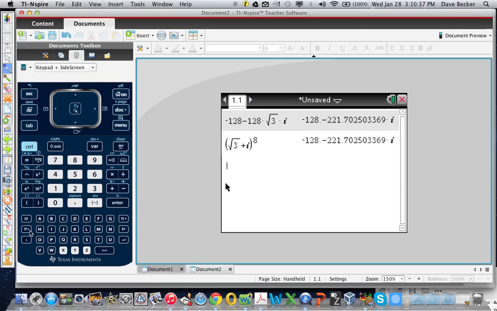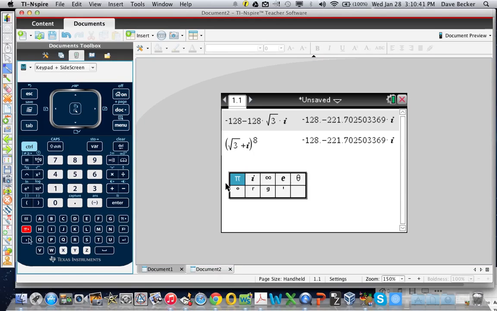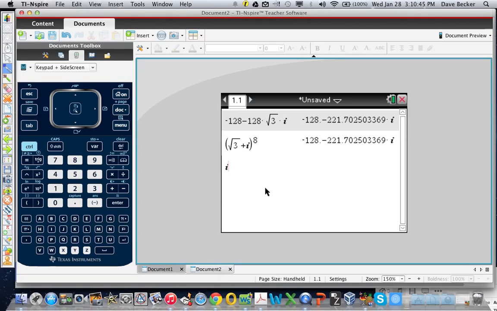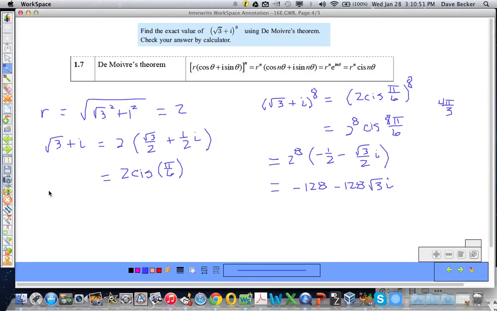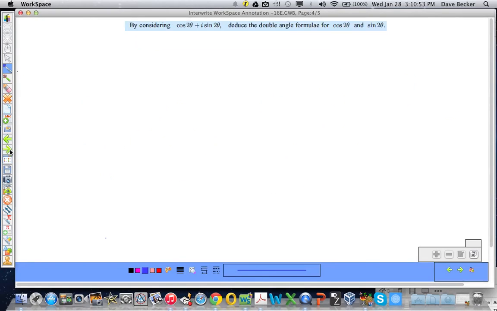I do want to show you that one way you can get to i quickly is you hit the pi button here, and there's i, and isn't that great? i equals i.